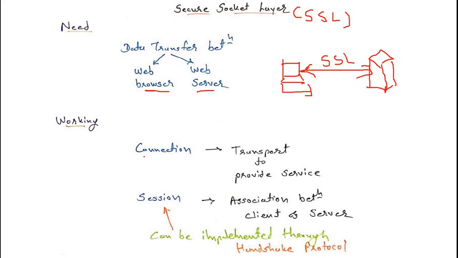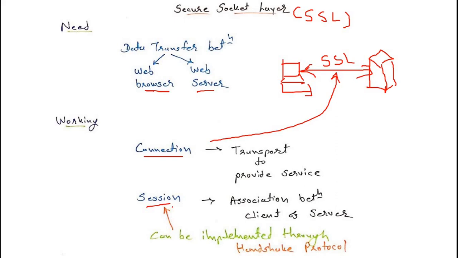So basically it works with the connection and the session. A connection is a transport that provides services. It means whatever data transfer is going on between the web server and the web browser, this entire data transfer takes place by using the connection.